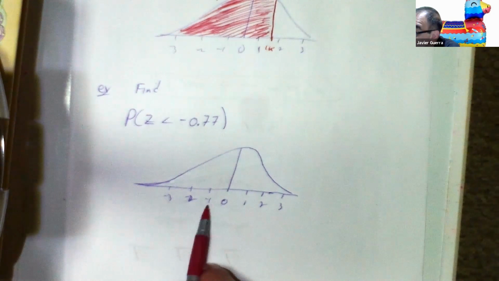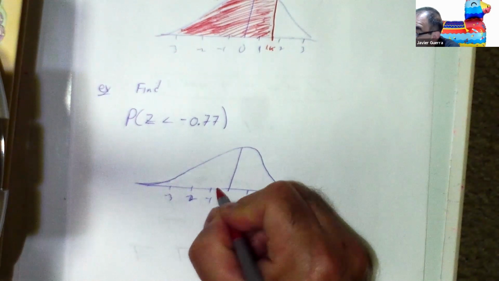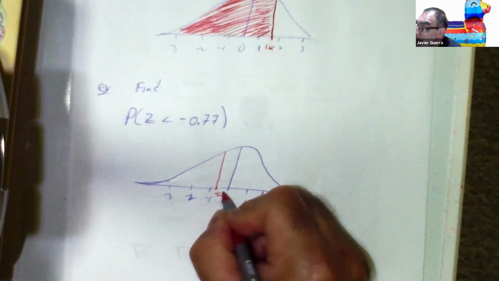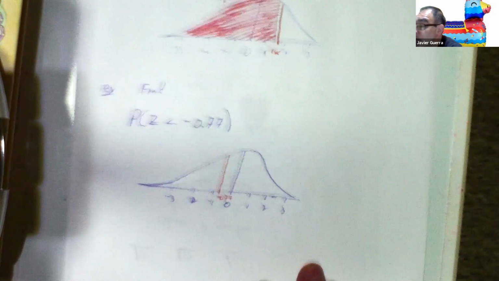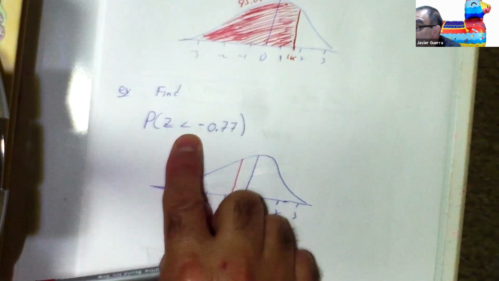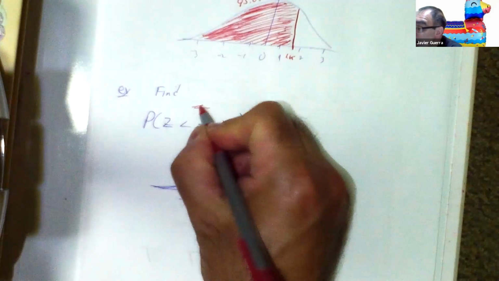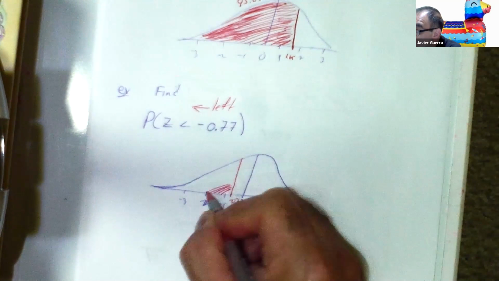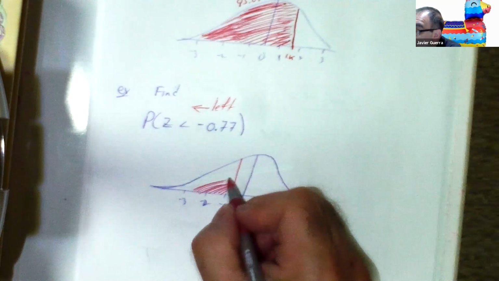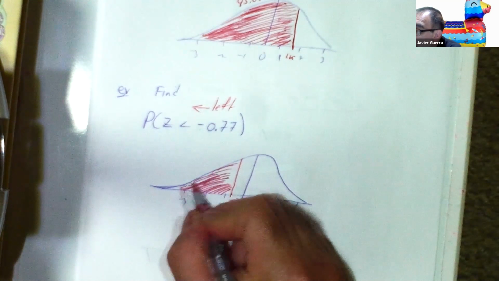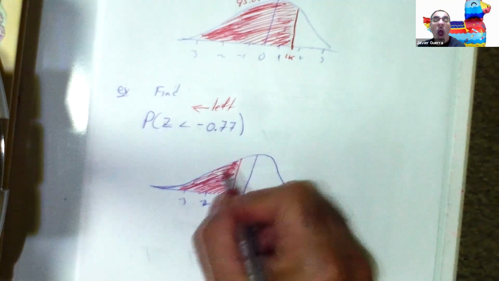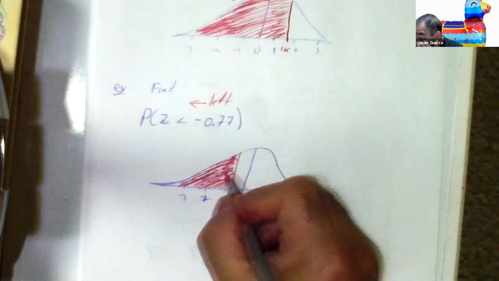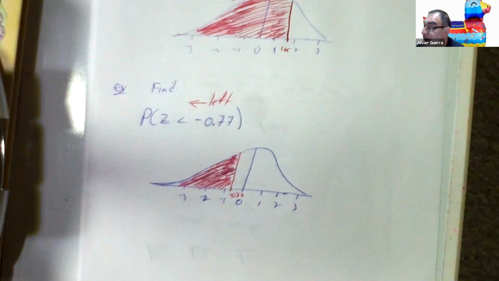So I'm going to just say it's about right there, más o menos. There is 0.77. It's less than, which means I have to shade to the left. So you colored it in.